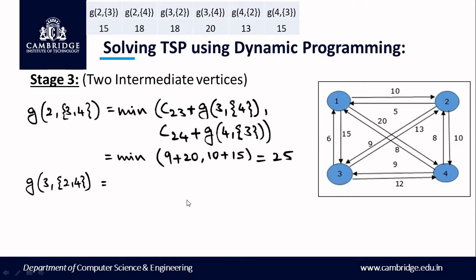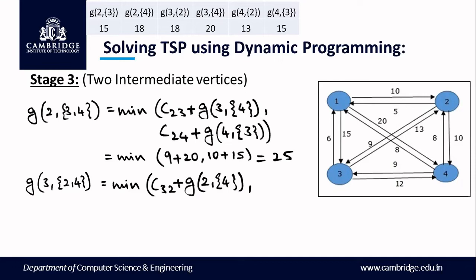Same way, vertex 3 also can have two intermediate vertices before it can reach its destination. That is G of 3 connecting via either 2 or 4 before it can reach its destination. As we have more than one element in the intermediate vertices, we have a choice. Vertex 3 can connect to vertex 2, then shortest path from 2 to destination via vertex 4.